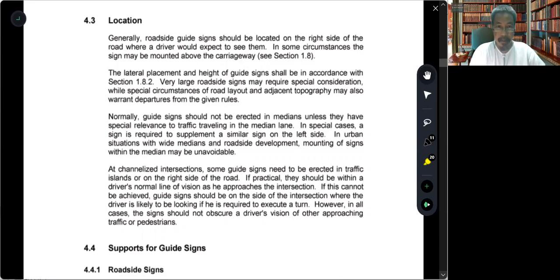Normally, guide signs should not be erected in medians unless they have a special relevance to traffic traveling in the median lane. So median, in layman's terms, is the island. It is the island of the road.